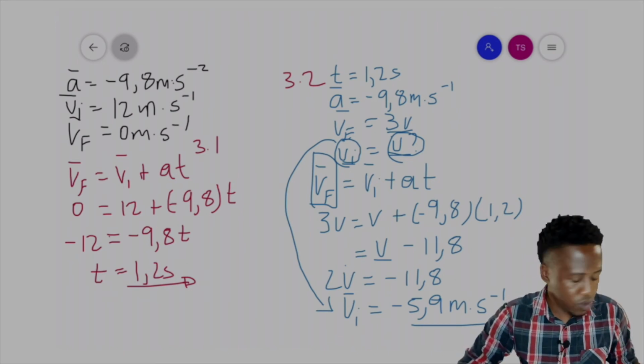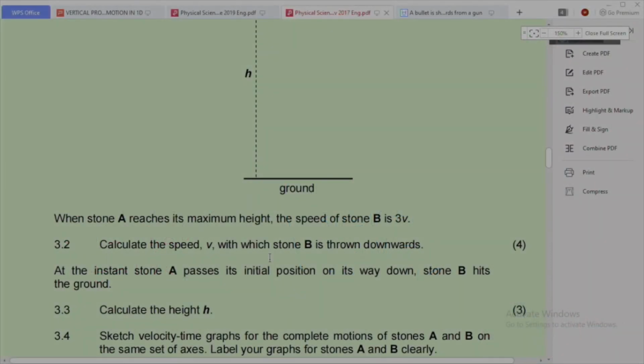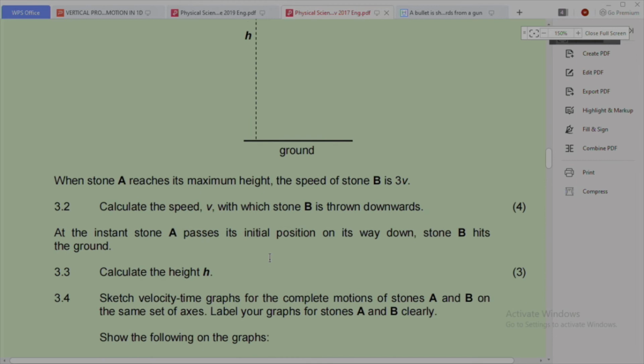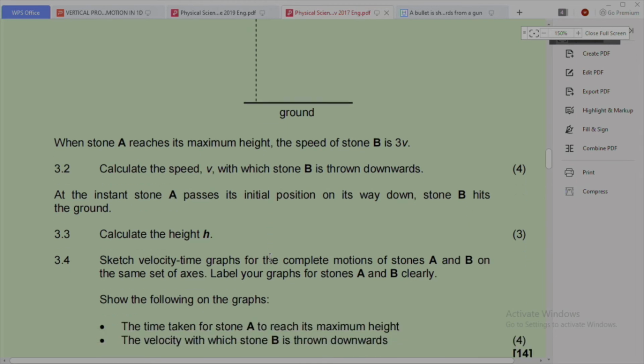Now moving on to the next question. Now here it's a statement first. It says, at an instant the stone passes its initial position on its way down, stone B hits the ground, right?